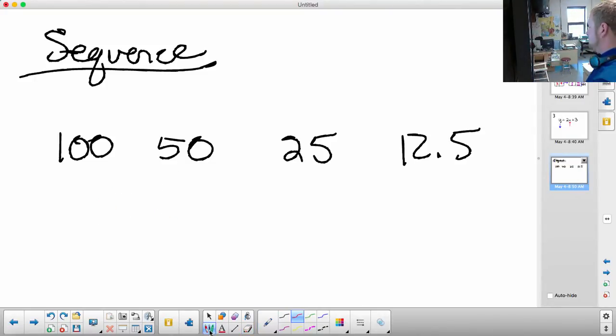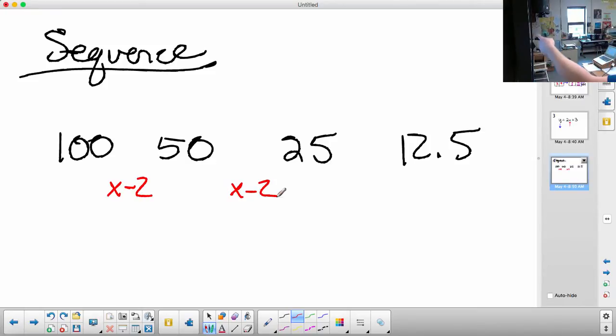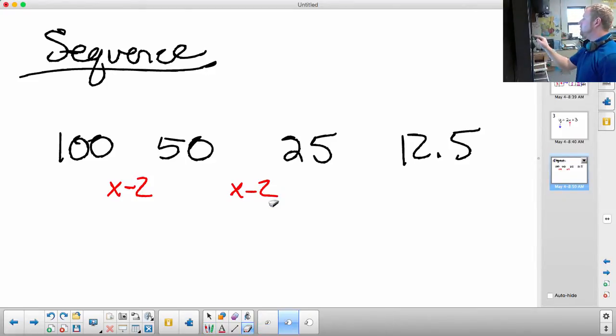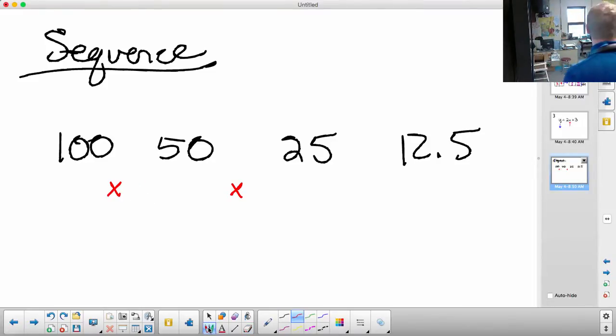Okay, so I heard times -2. Times -2 would be -200. No. Or we could just say divided by 2. Actually, I like the times 1/2 better.